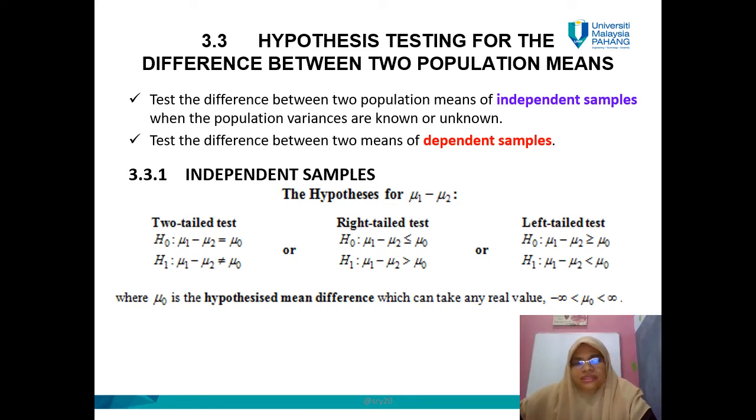For this part, the parameter is known as mu1 minus mu2. As usual, there are three types of tests: two-tail test, right-tail test, and left-tail test. And mu0 here is known as the hypothesized mean difference, which can take any real value.